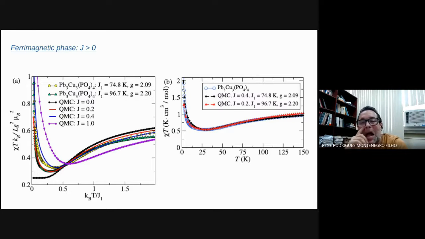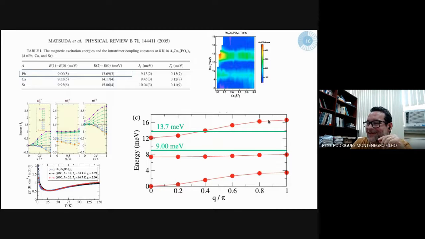Marcelo, yes. Interestingly, if we take the highest value of J here and try to fit and compare with the neutron experiment, the comparison is poorer than the one obtained by taking 0.2.